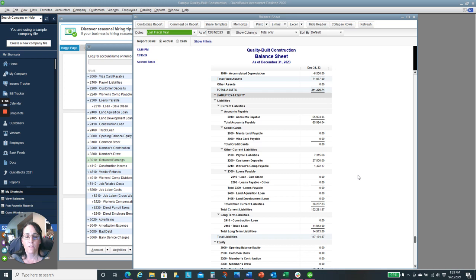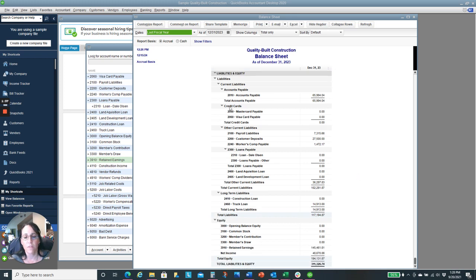In liabilities, we have a few other things, and I should have mentioned, out of sight, out of mind, credit cards. Credit cards are also debts, and those you'll see right directly underneath your accounts payable. So if you have a business card, that's where you would show it, as a credit card under AP. Remember we were talking about loans payable.